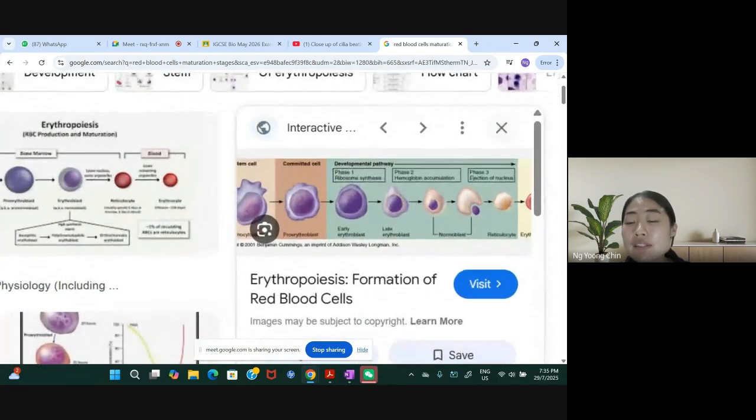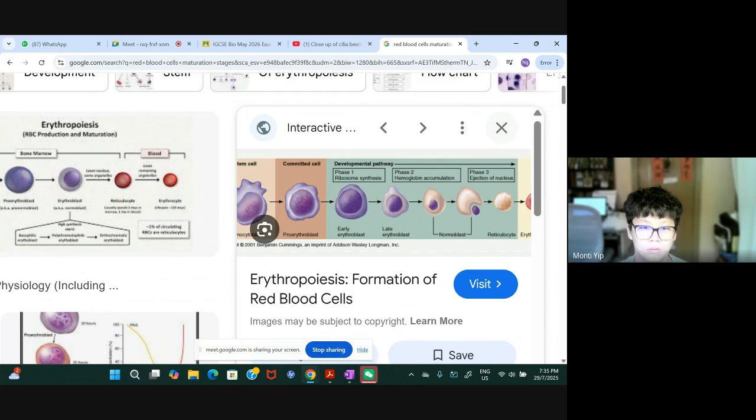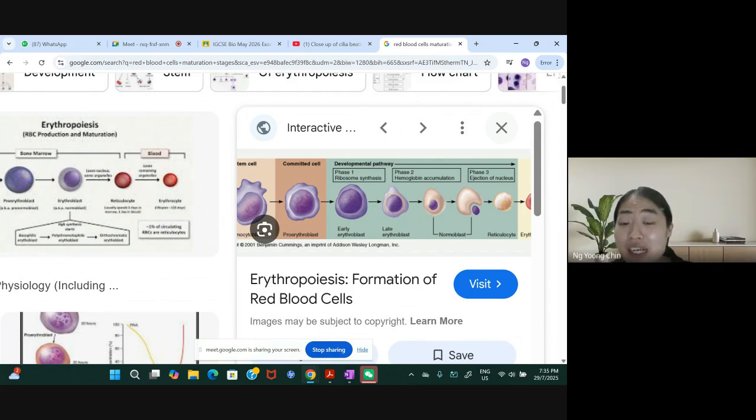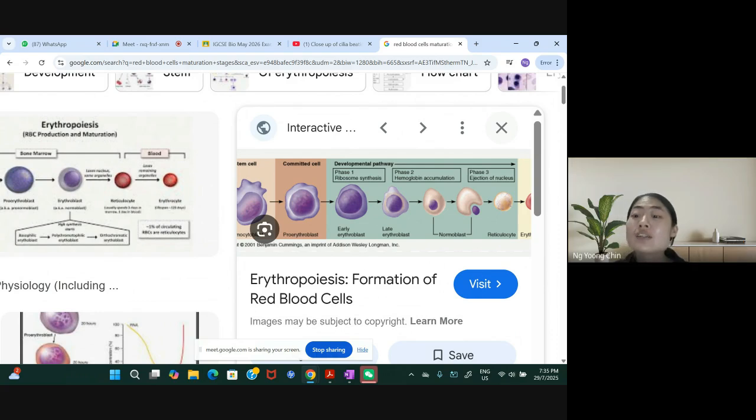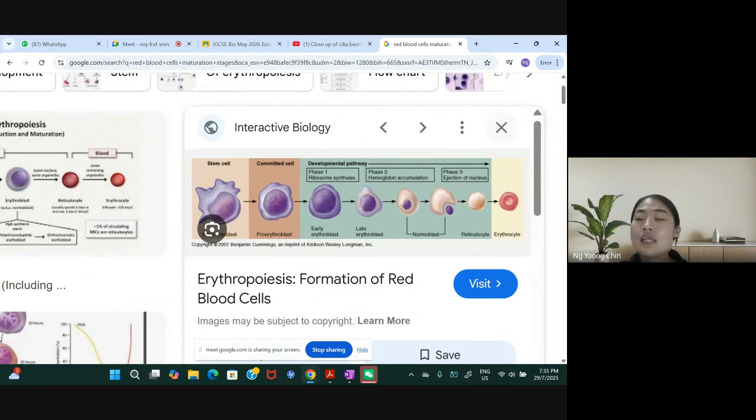During the maturation process, they are removing the nucleus. Initially they have a nucleus, and then the nucleus becomes smaller and is ejected out. They remove the nucleus and then become a mature red blood cell.